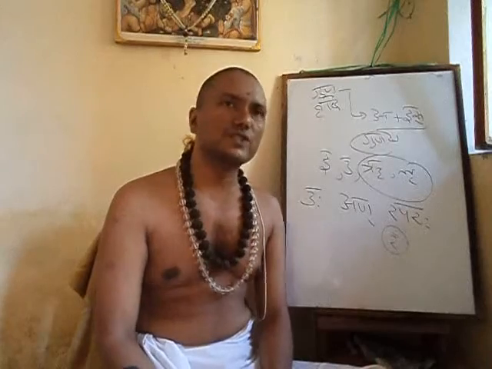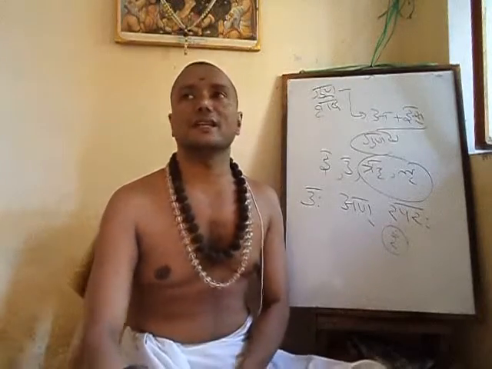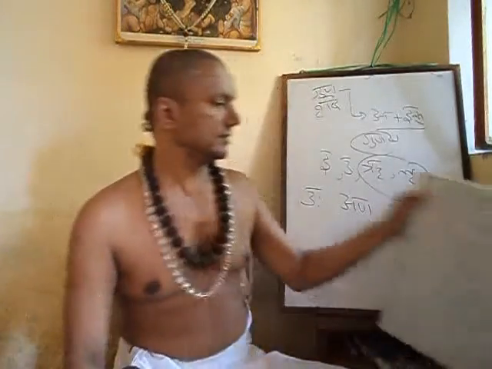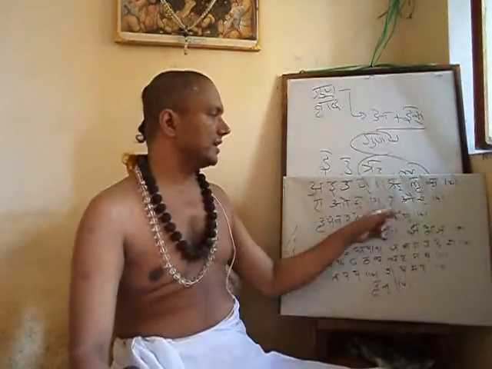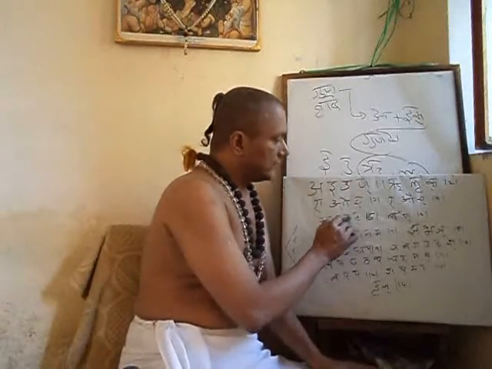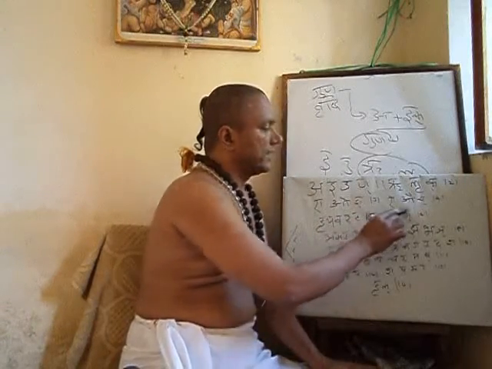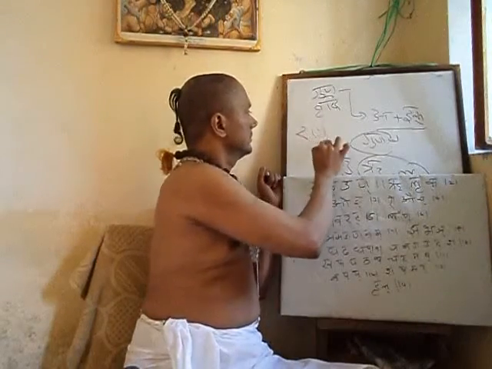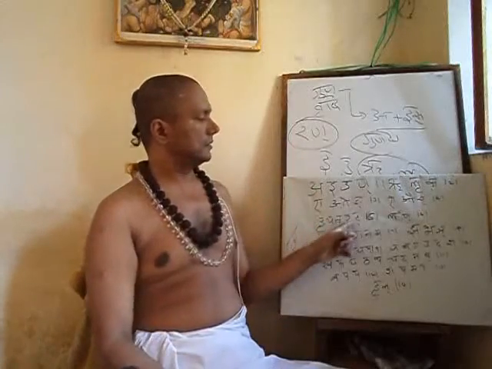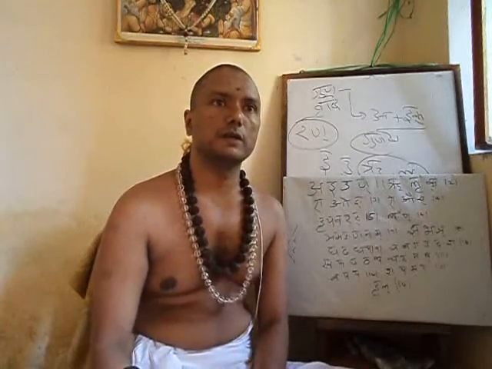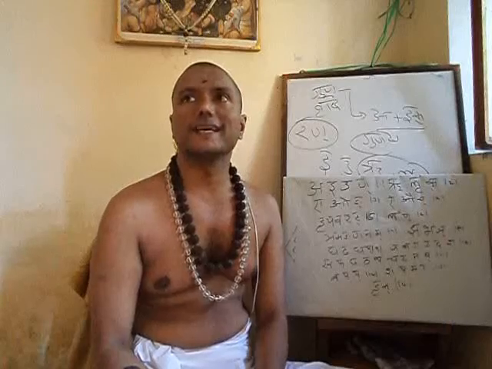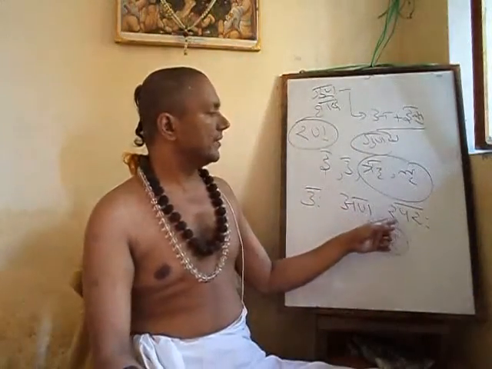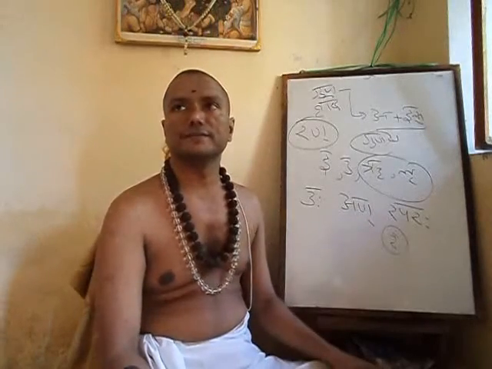Just because he has used it in this way in the sutra, we understand it's a pratyahara called Run. Otherwise, you don't need it there, because for Ra and La you can have Run. Run pratyahara. Run means any which way. But still, he has used it in the sutra. We understand he is having a Run pratyahara here.